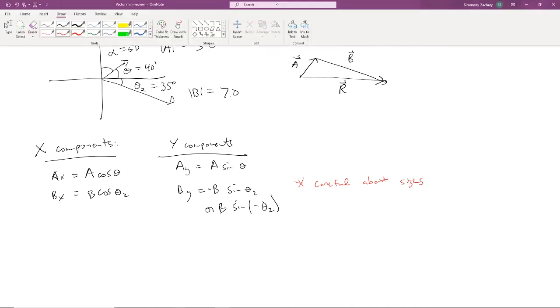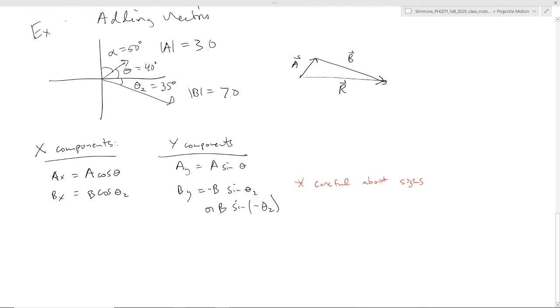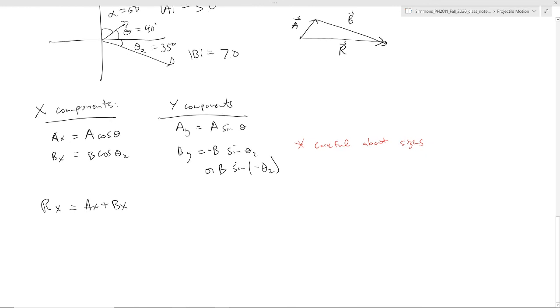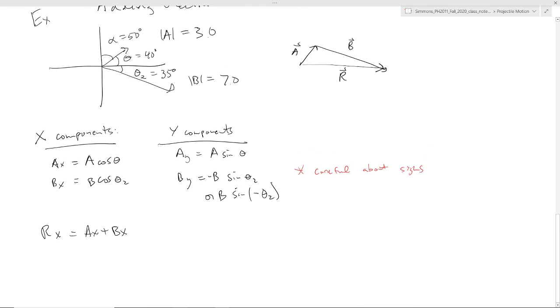So then the next thing we do, we want to add the components together to find r. So the x pieces, now since these are in the same direction, it's simple. We just add the chunks together. We'll put in our actual numbers here. 3 cosine of 40 degrees.